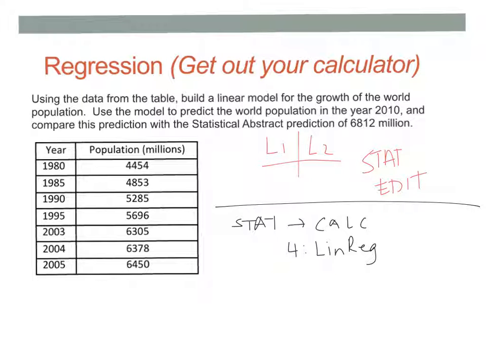Does everyone have a fairly new calculator? Is anyone using like a TI-83? Everyone, good, perfect. Okay, so once you get that up, you end up with this list of options. It says X list L1, Y list L2, that's what it should say.